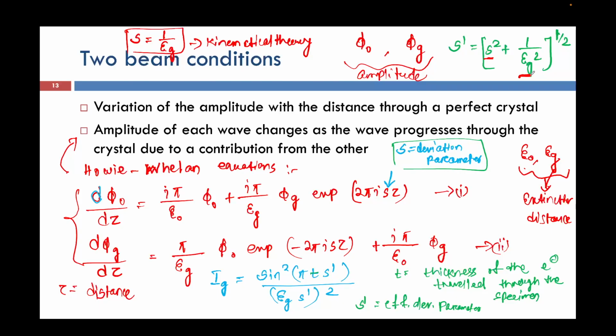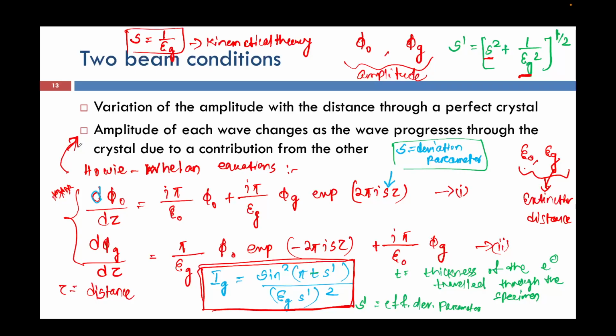This is the intensity of the diffracted beam in two beam condition in the Howie-Whelan equation, when we are considering that dynamical diffraction is taking place. You have to remember this equation, and most importantly, what these 2 points signify.